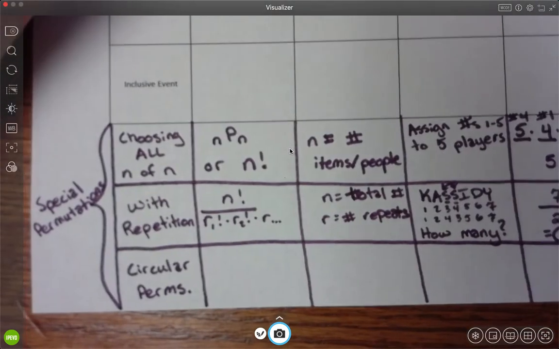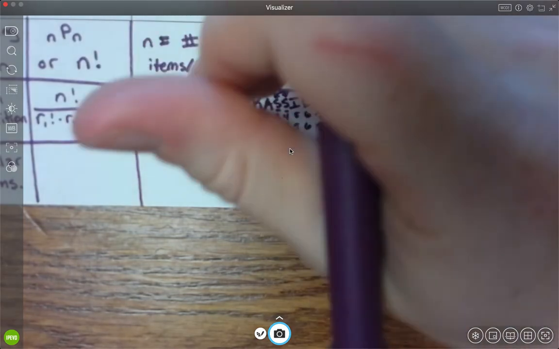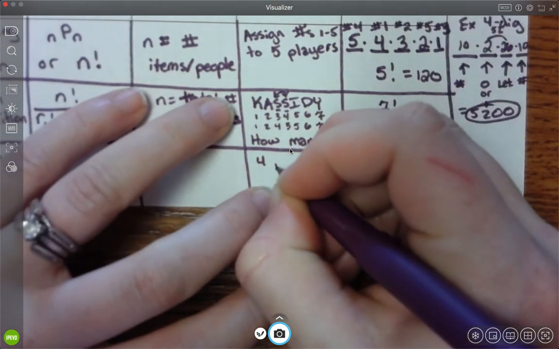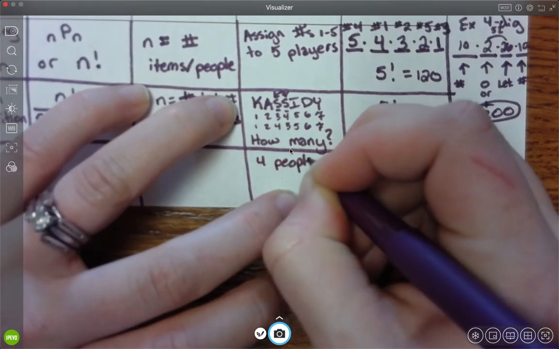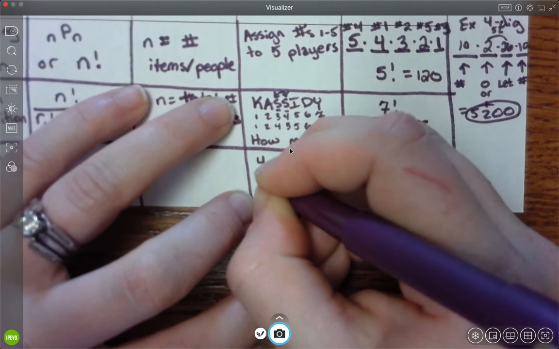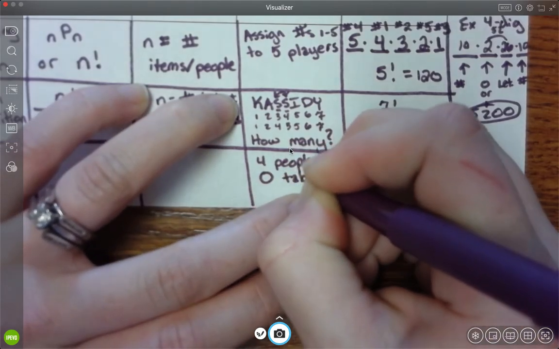Okay, so if I have people standing in a circle, I'm going to say 4 people at, let's say, a circle table. How many ways can I arrange them?